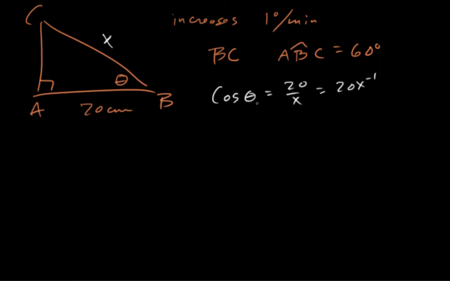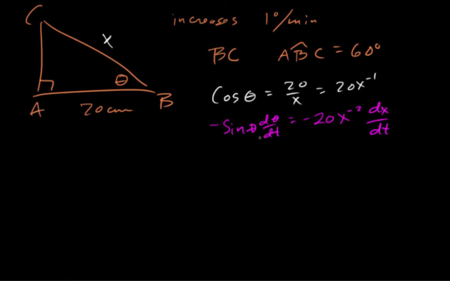So we'll take the derivative of both sides with respect to t. The derivative of cosine is negative sine, then we get d theta/dt. And then we bring the -1 down, x to the -2, and dx/dt.